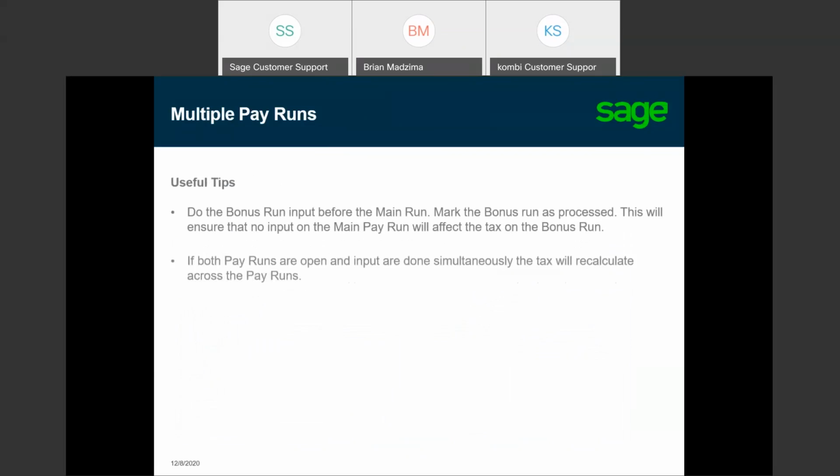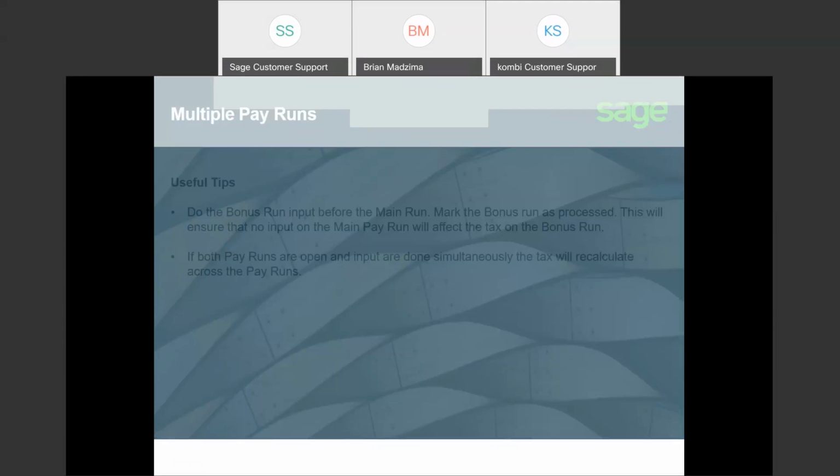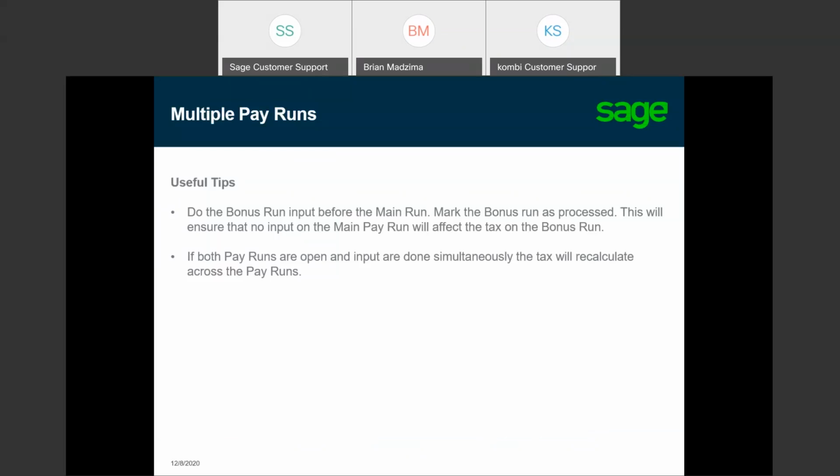So just a few useful tips as well. If you do a bonus run and a normal pay run, do the bonus run input before the main pay run. Just mark the bonus run as processed once you're done with your processing. This will ensure that no input on the main pay run will affect the tax on the bonus run.